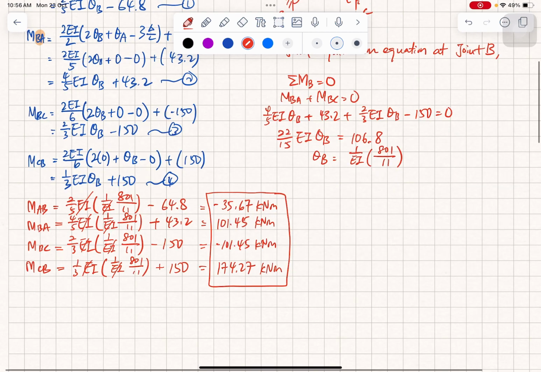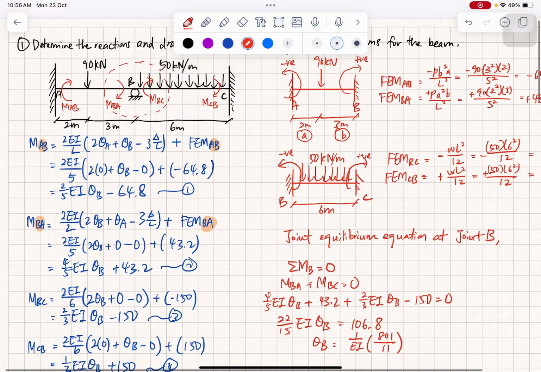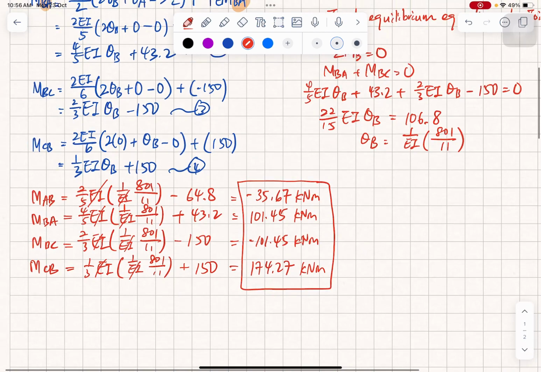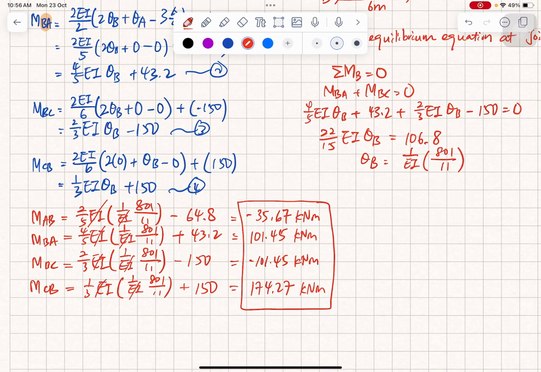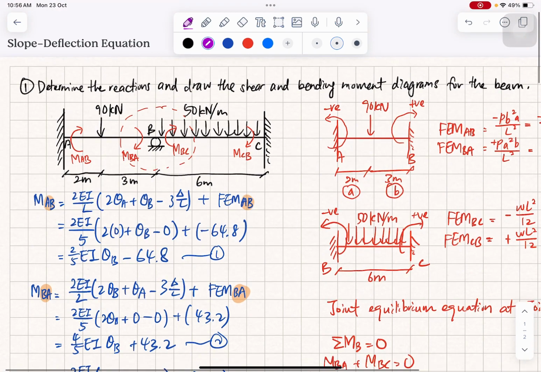Okay, look back to the figure of the beam. What does it mean? Negative 35.67. Negative means the opposite direction of the direction that we assumed previously.